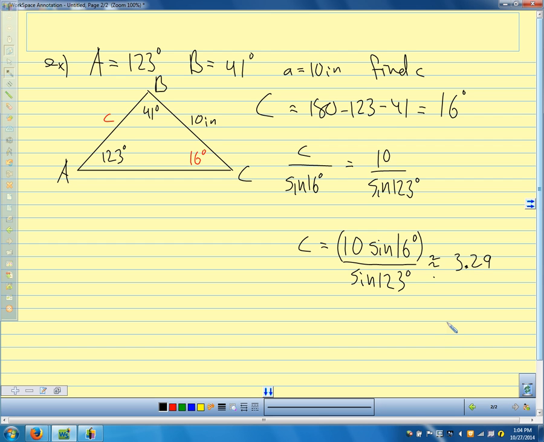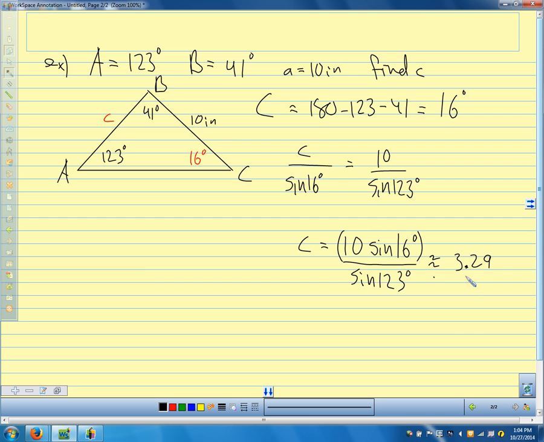Now, if you plug these numbers into your calculator in the intermediate step, keep 4 decimal places, because if you round these off to like 2 decimal places, it can really make a big difference to your final answer. So if you plug the sine of 16 in here and sine of 123 in here, keep 4 decimal places.